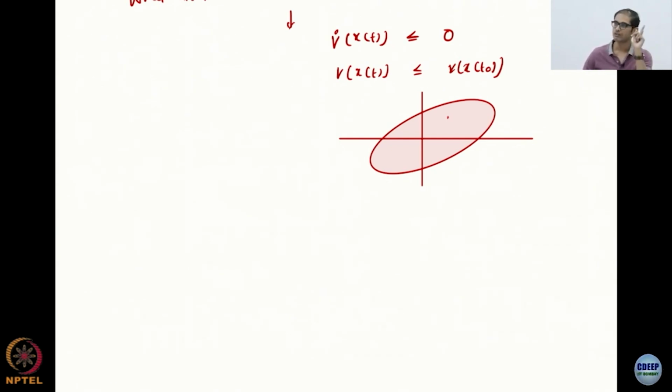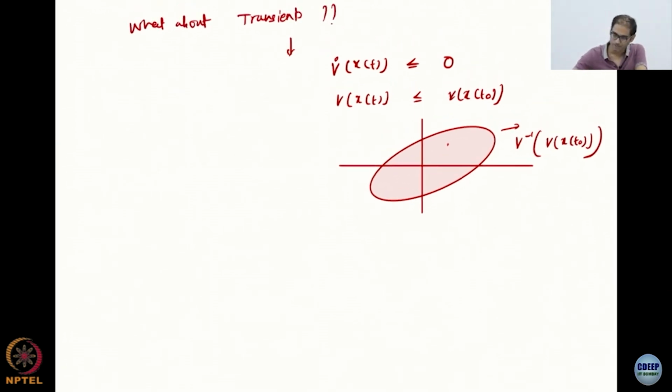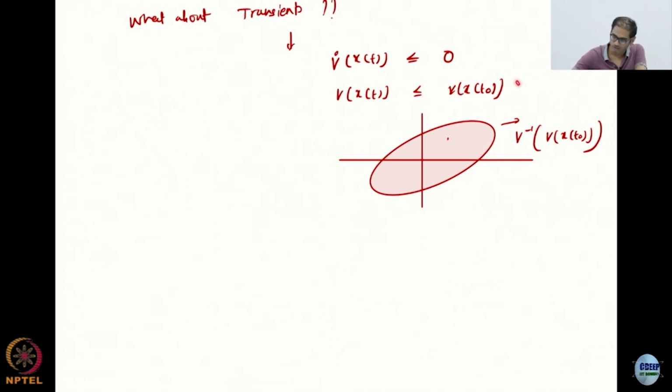This ellipsoid is, if you like this terminology, it's weird notation, but all I'm saying is if you compute V of x t0, it's some constant value, because V is mapping to scalars, and if you take V inverse of that, this is the shape you might get.